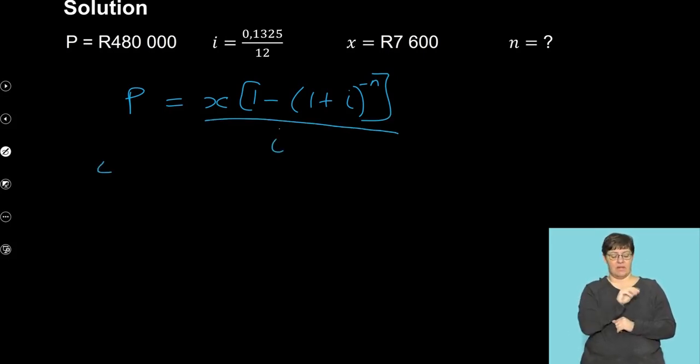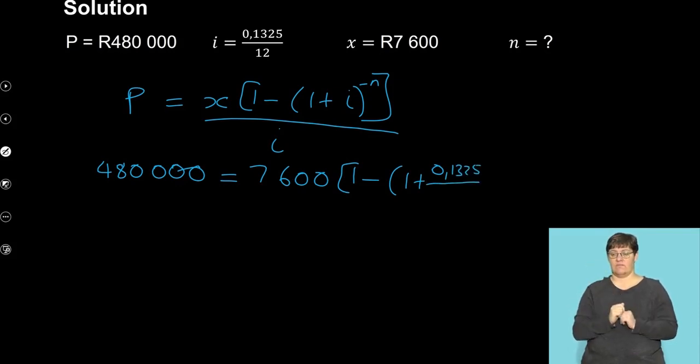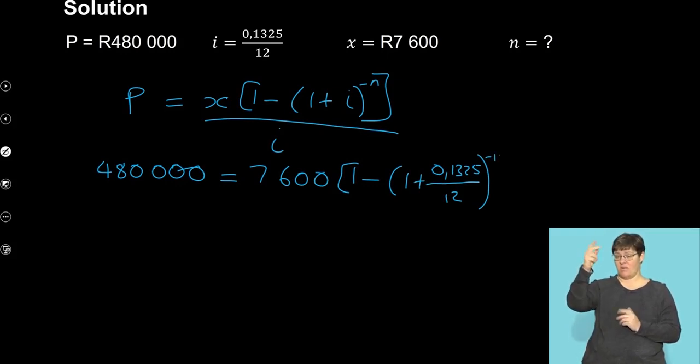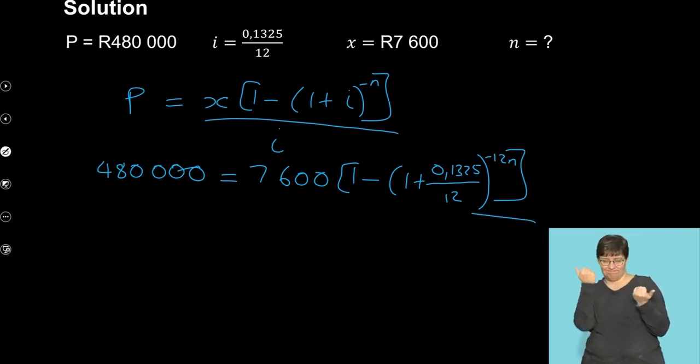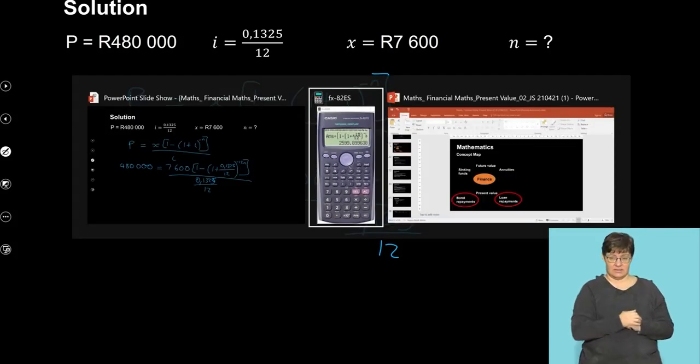The P value will be 480,000, and I'm paying this by means of 7,600 times 1 minus 1 plus the interest, 0.1325 divided by 12, all raised to the exponent of negative 12n, because I don't know what n is, and this is divided by 0.1325 over 12.